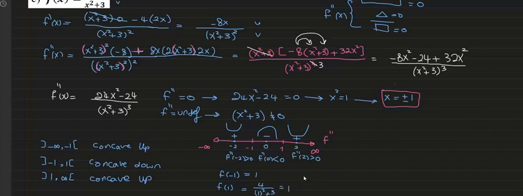So the function is defined in both points, yes. Therefore, we will conclude that at x equals -1 and at x equals 1, we have an inflection point. So not only the change of concavity around the point indicates an inflection point, it also must belong to the domain of the function.